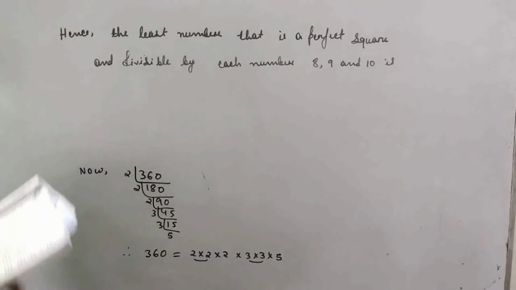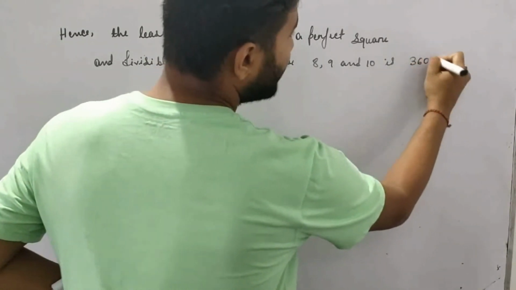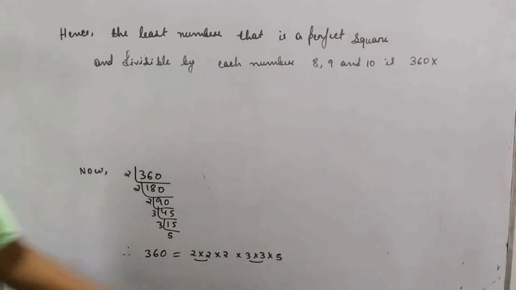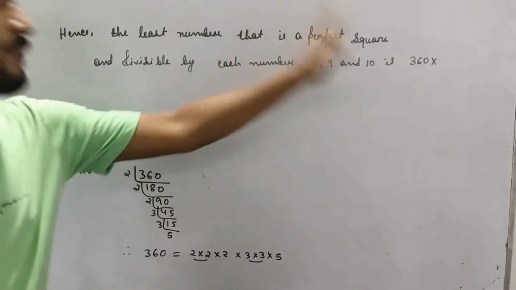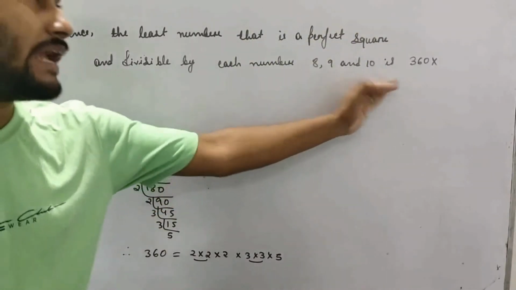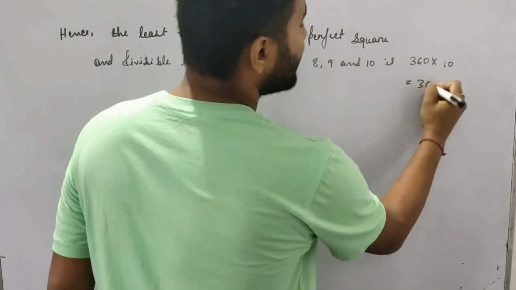What is the LCM? It is 360. Into how much? What should we multiply? We have to multiply 10, isn't it? So the least number that is a perfect square and divisible by each number 8, 9 and 10 is 360 into 10, that is 3600.